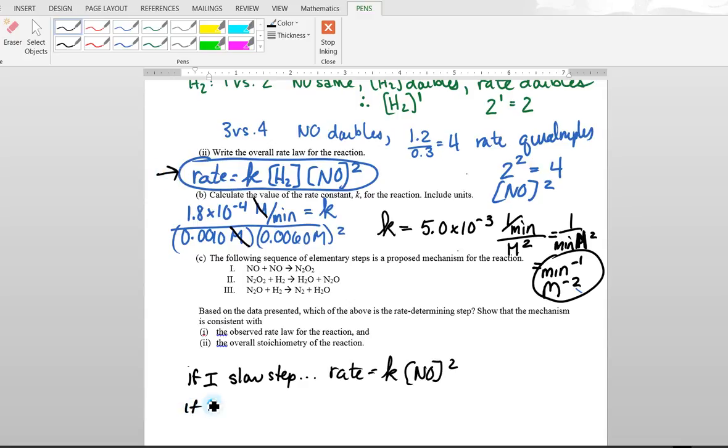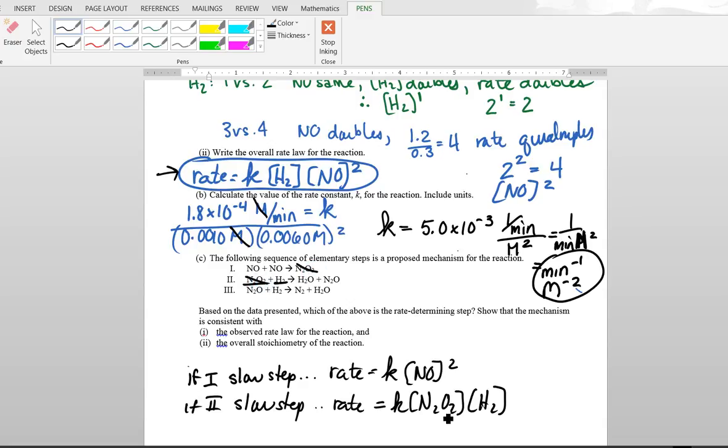What if 2 were the slow step? So if 2 were the slow step, then the rate would be equal to K, and I got 1 molecule of N2O2 and 1 molecule of H2. Remember that N2O2 is actually an intermediate.